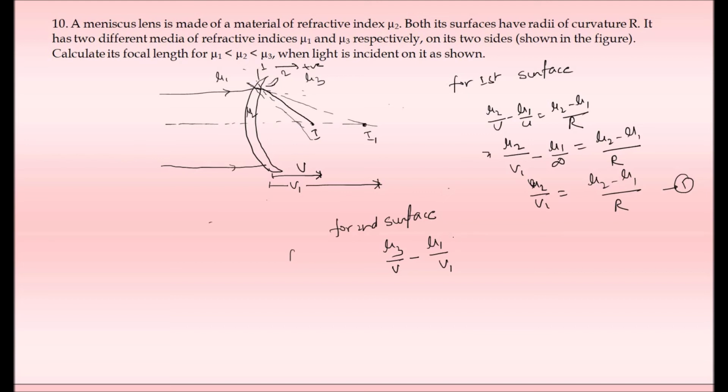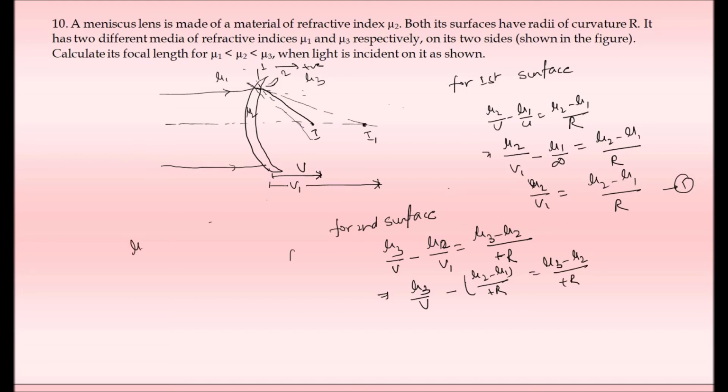It is a virtual object for the second surface, and it is equal to mu3 minus mu2 divided by R. Again it comes with a plus R. So mu3 by V minus mu2 by V1 is equal to mu3 minus mu2 divided by plus R, and from equation 1, mu2 by V1 is mu2 minus mu1 by plus R.